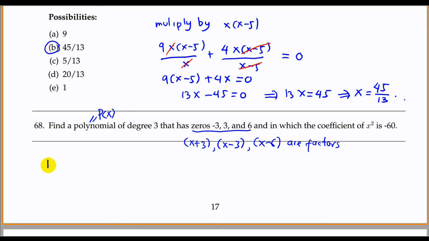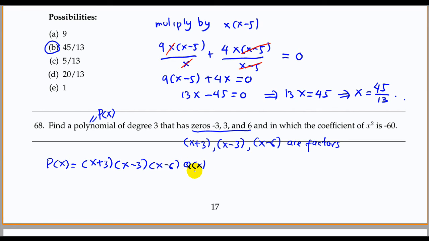Okay, so then p of x is equal to (x plus 3)(x minus 3)(x minus 6) times some other polynomial.